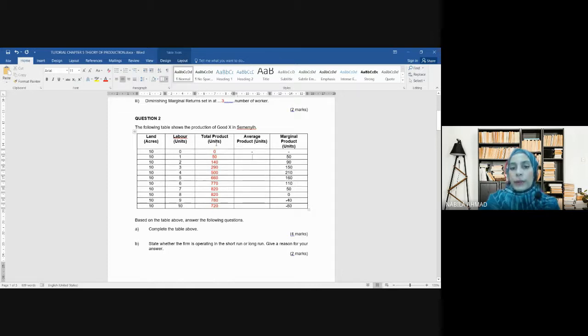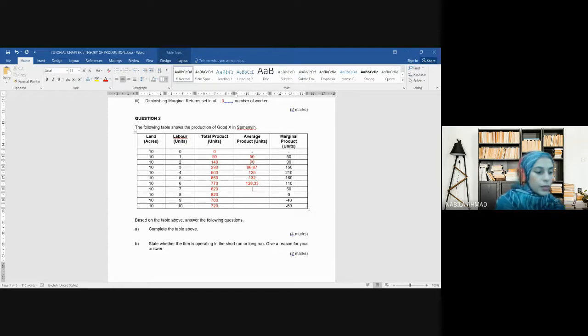Okay, so bila dah dapat total product, bolehlah cari average product. So it is 50 and then 70. 290 divided by 3, 96.67. 500 divided by 4, 125. 660 divided by 5, 132. 770 divided by 6, 128.33.